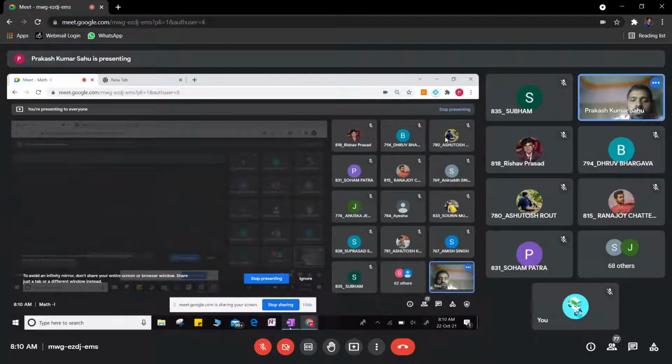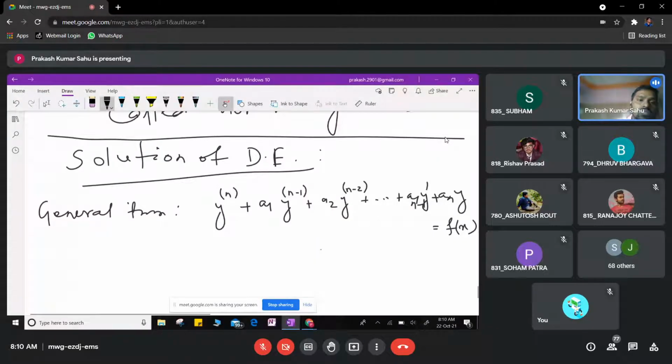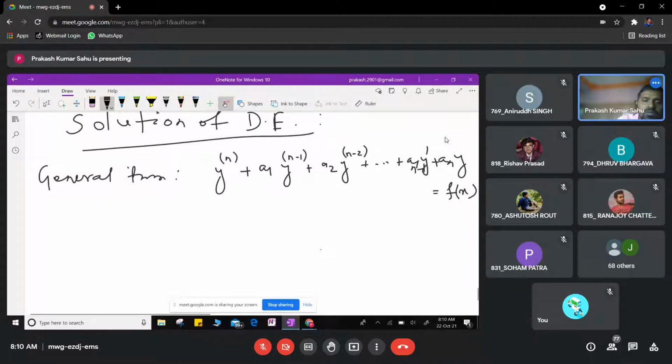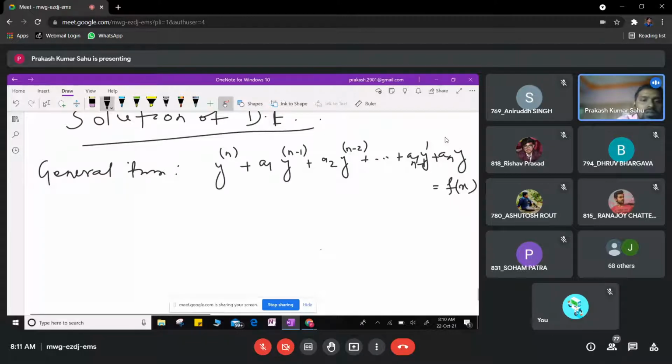Suppose this is the general form of a differential equation. Another thing you just remember: this is the general form, and another form is there.